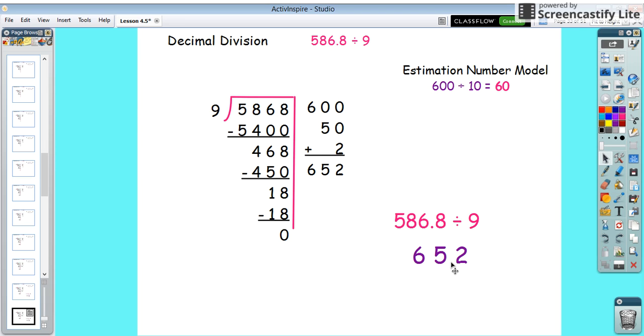Well, if we put our decimal point in between this 5 and the 2, then we get 65 and 2/10, which is really close to 60. So we know that is where our decimal goes. So 586 and 8/10 divided by 9 is equal to 65 and 2/10.